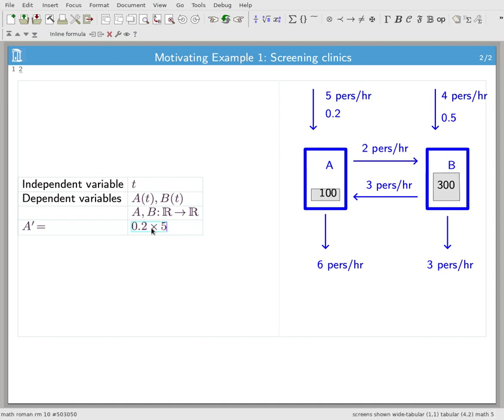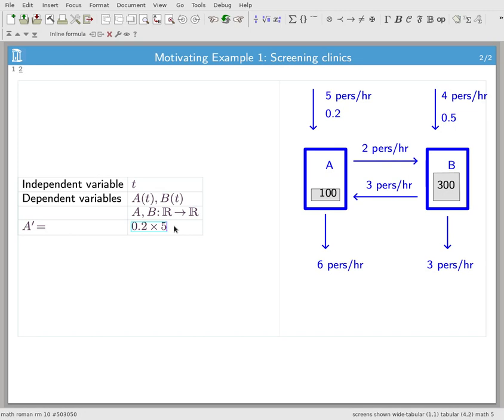Now, we also have an incoming flux from clinic B and then an outgoing flux from clinic A to B, and also going all the way out. And we're going to have to figure out the effect of both of these fluxes upon the rate of change of infected persons in clinic A. So if A is the number of infected persons in clinic A, and clinic A has 100 person capacity, the probability of any given person being infected at some given time is going to be A over 100.